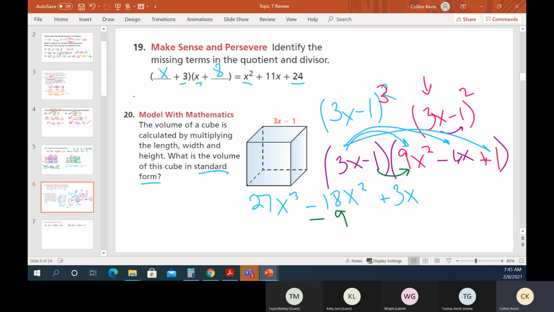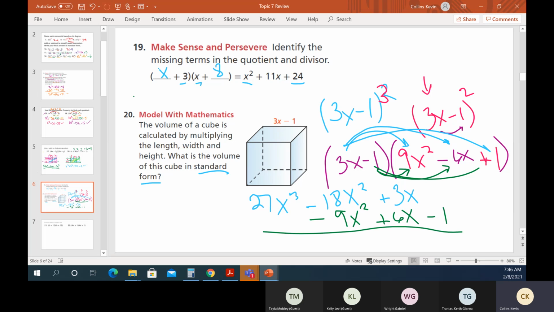Reason for that is, check it out. If I move over 1 unit, right, minus 9x squared, I got the x squareds lined up. Then I do minus 1 times minus 6 is going to be plus 6. Bring the x along for the ride. And then minus 1 times minus 1 times plus 1 is minus 1.